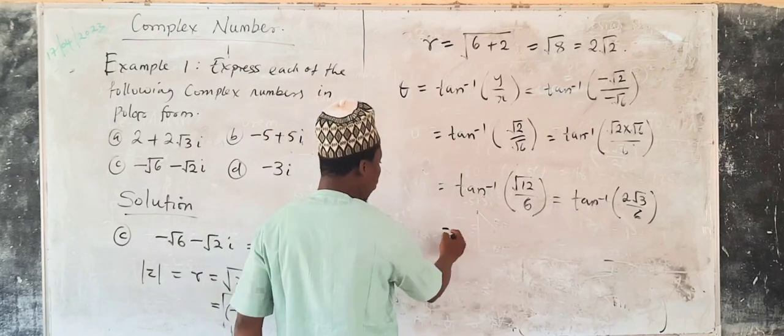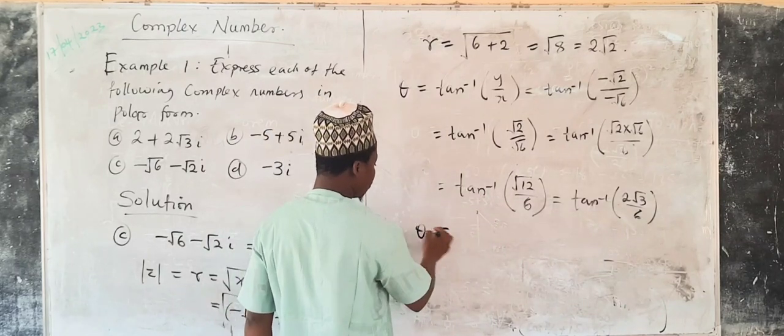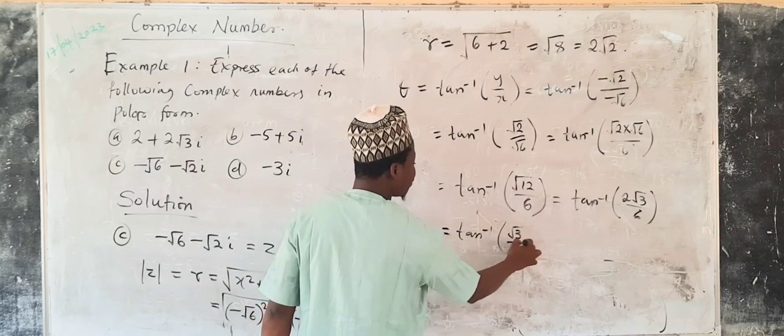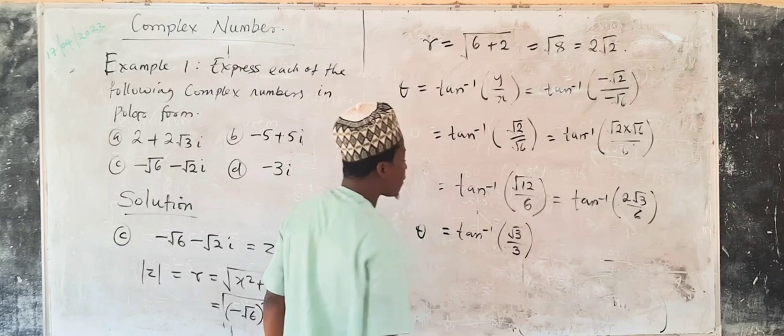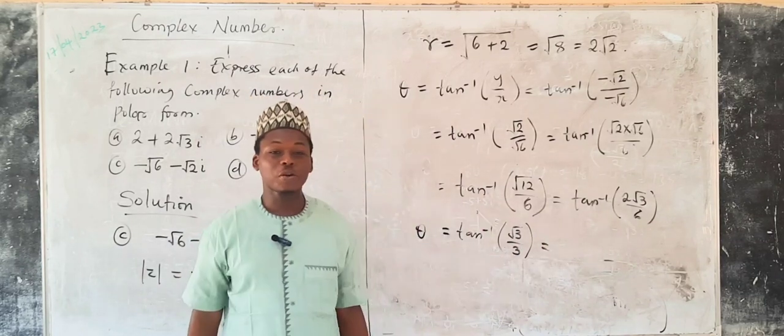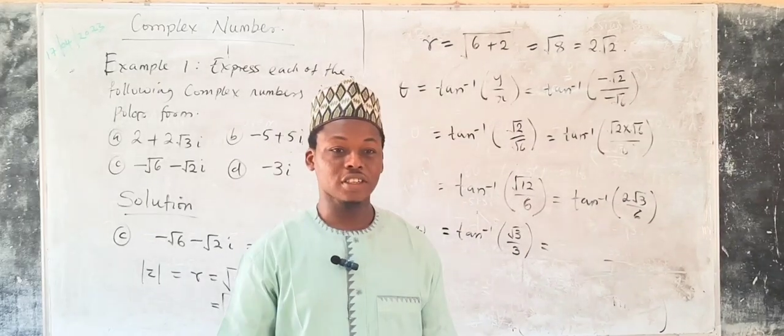So we have our theta, tan inverse of root 3 over 3.